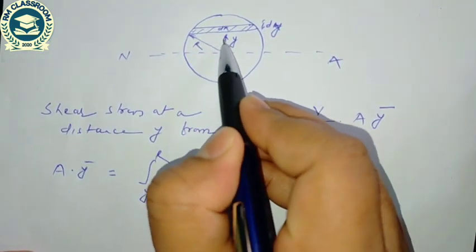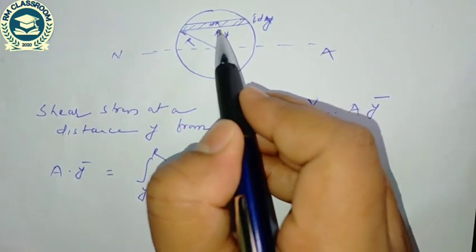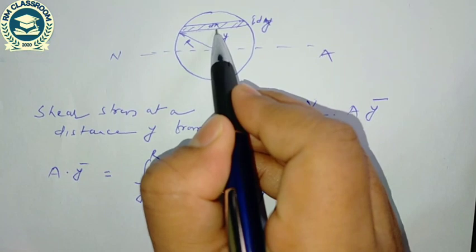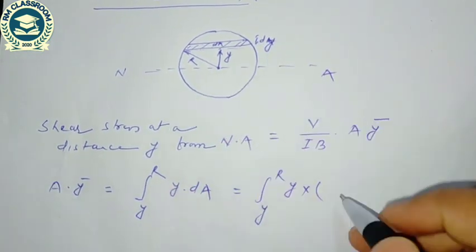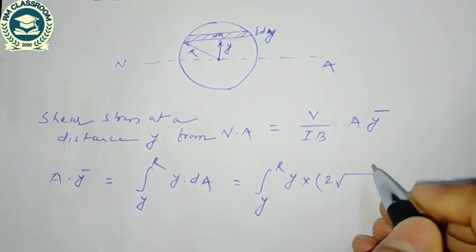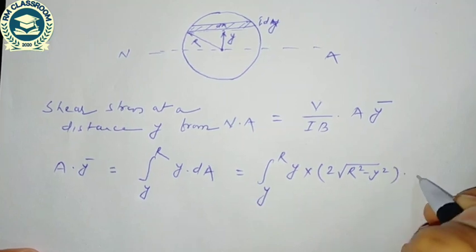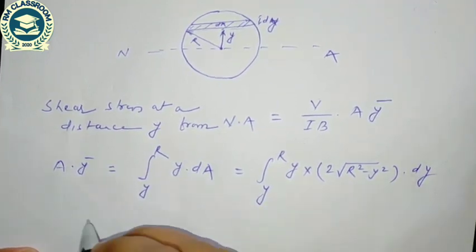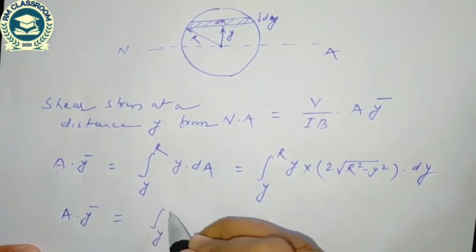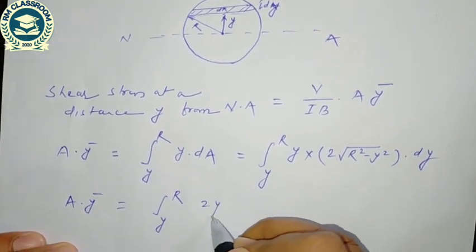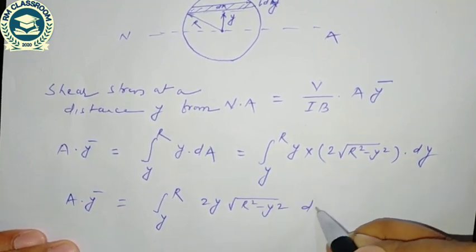If this is the radius r and this is y, then this distance is the square root of r square minus y square, and the other side is also the square root of r square minus y square. So dA is 2 times the square root of r square minus y square into dy. So A y bar is the integral from y to r of 2y times the square root of r square minus y square dy.